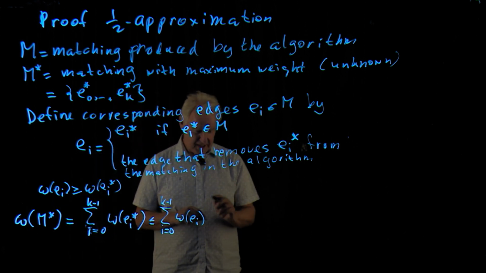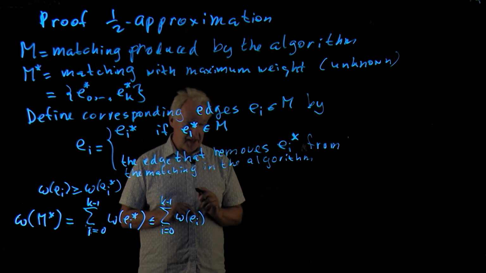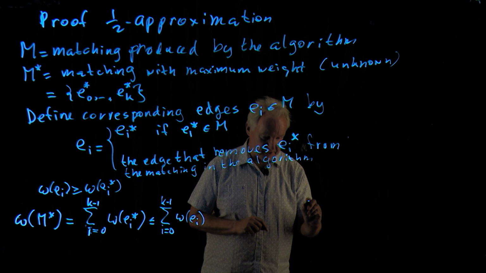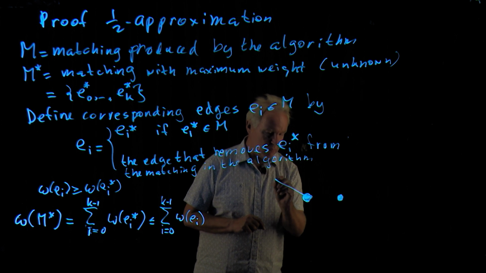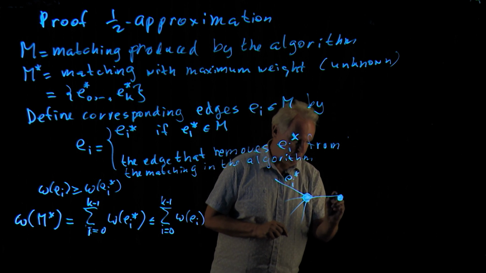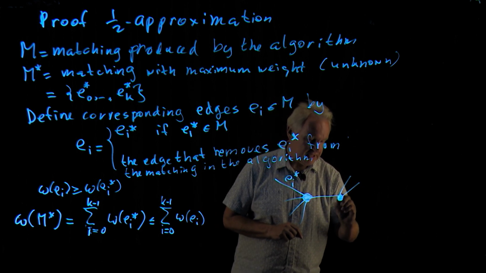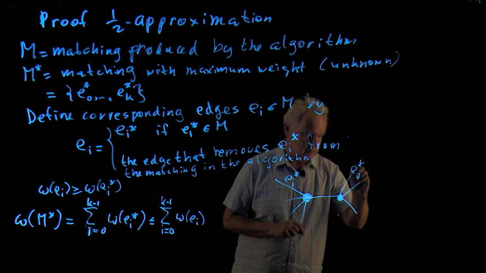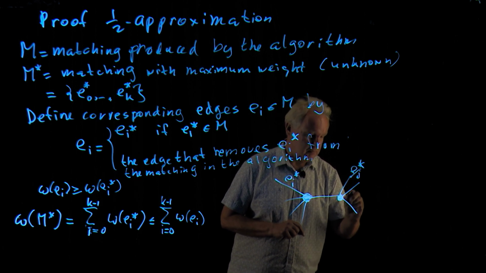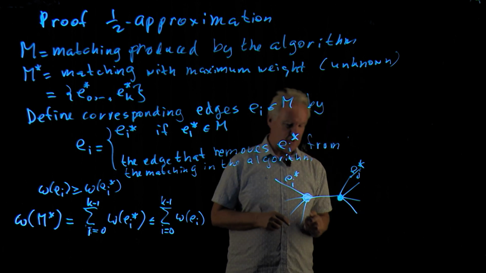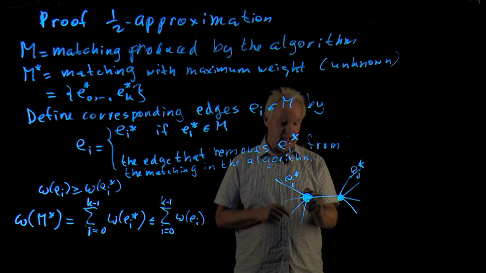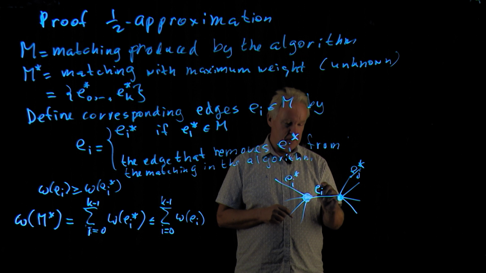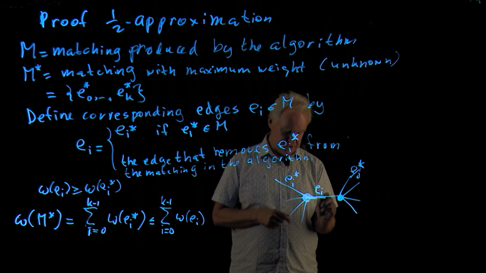Now I want to have another inequality, but for that we need to look at a picture. Let's say I have a vertex here and a vertex here. So this is Ei star, and it has been removed by a dominant edge Ei.